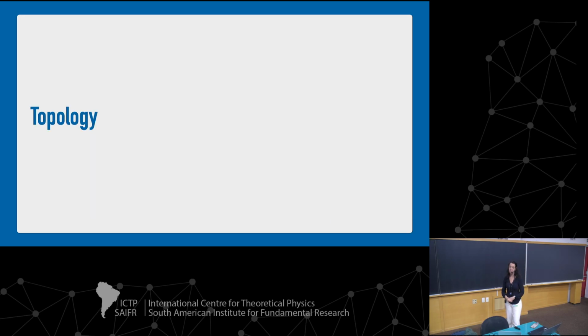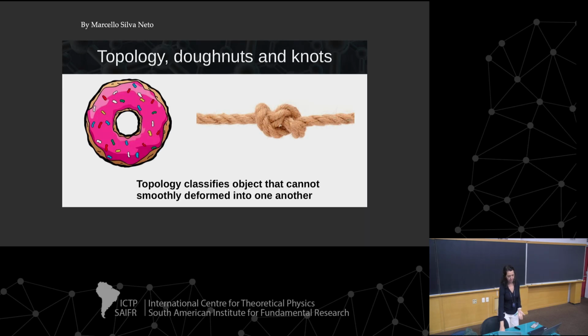Regarding topology, it's a whole new field. It's new to me, so I don't know very much about this field. And I asked Marcelo Neto, who is down the hall in my institution, who has been working with this for longer, to help me out.